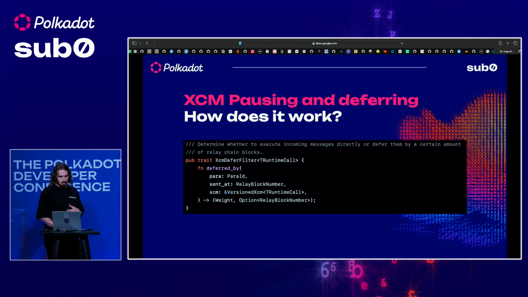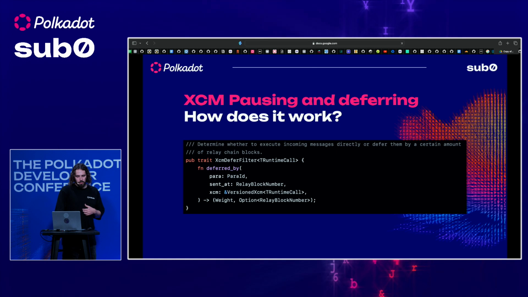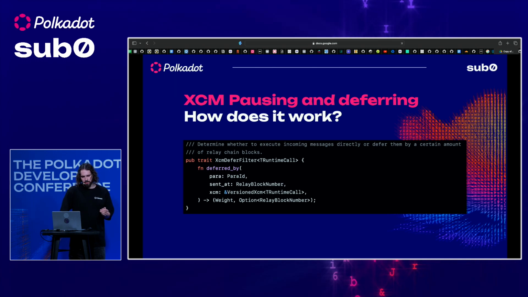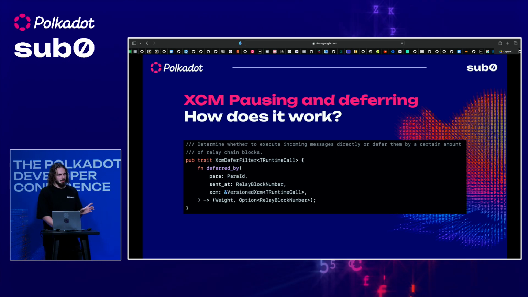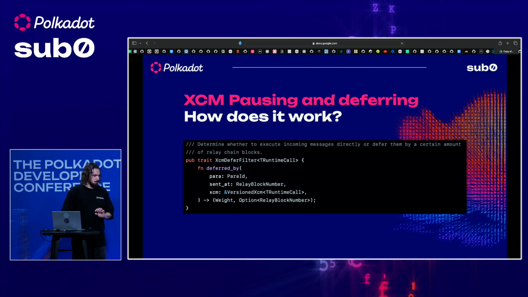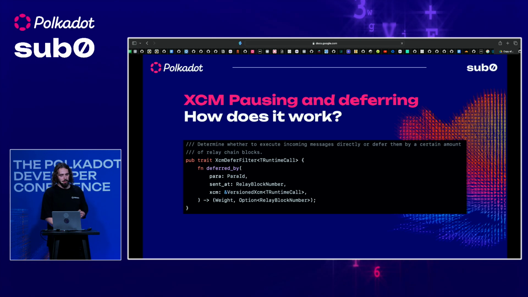What you have here is a trait which contains defer by, and it basically takes where the message was sent at, what chain the message is from, and the actual XCM, and it returns an option to defer or not defer this message by a certain number of blocks.